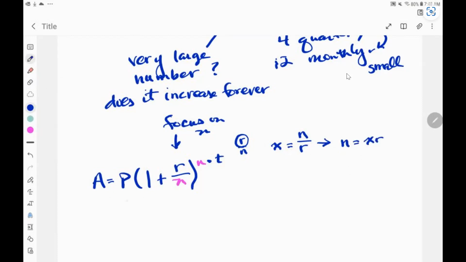All right, so now I'm going to come over here, and first, we're going to ignore this P for now. We're going to imagine that it's only a 1, so it disappears basically.